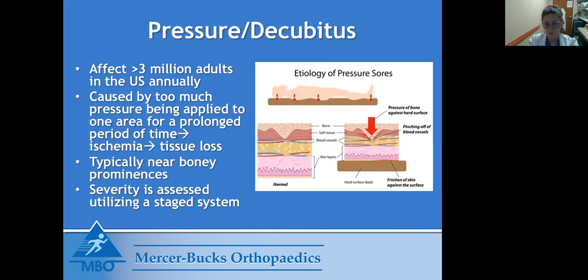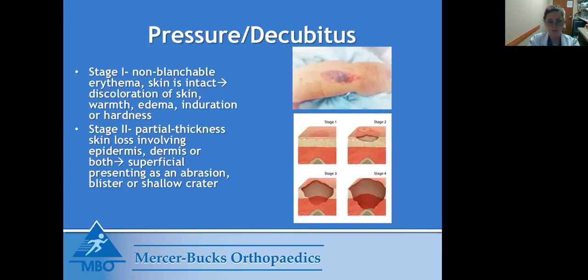Typically, like I said, near a bony prominence, they are assessed based on a stage system, which goes by the severity of the pressure ulcer. A stage 1 is known as a non-blanchable erythema. Erythema is redness. Non-blanchable means when you pinch it, you don't get that classic white that then turns pink again.